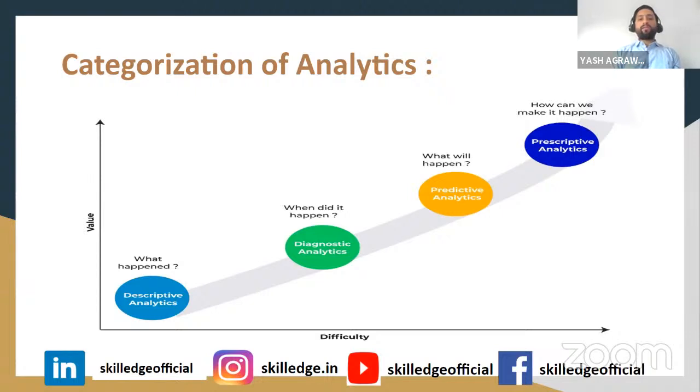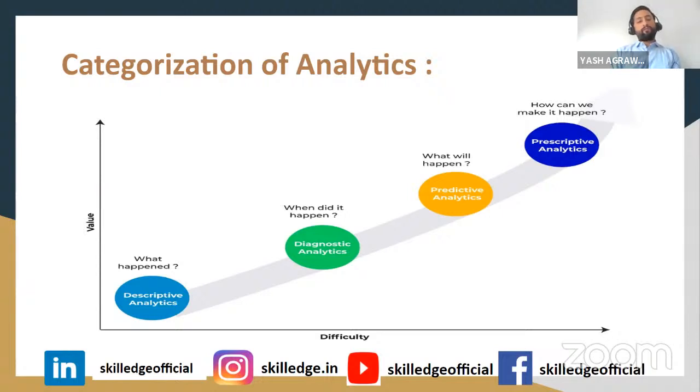Then comes diagnostic analytics, which is slightly tougher than descriptive analytics, but also provides more value towards your final outcome. Then we have predictive analytics, where the difficulty level is moderate, and it gives very beautiful insights and value to your final predictions.